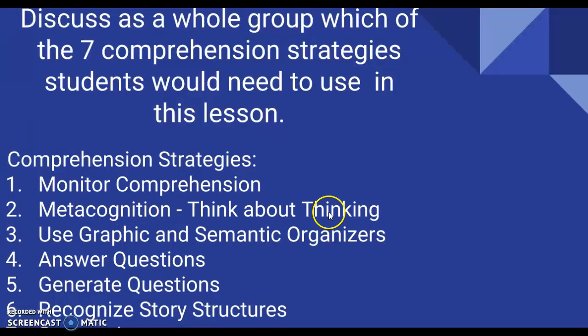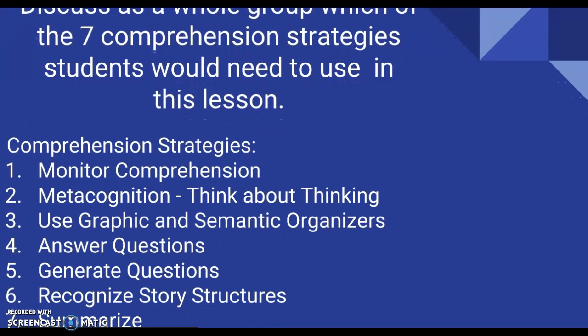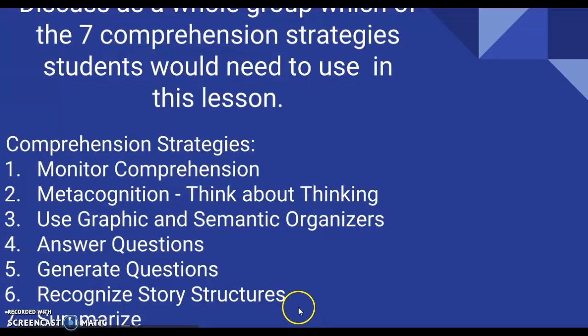Metacognition, thinking about thinking. Use graphic or semantic organizers, they definitely will do that. Answer questions, they'll definitely do that. They have to generate questions, like, what is something you would like to know more about this subject that this document doesn't answer? They have to recognize story structure, and they have to summarize. So out of these 7, 4 of the 7 are definitely highly touched on in this lesson.